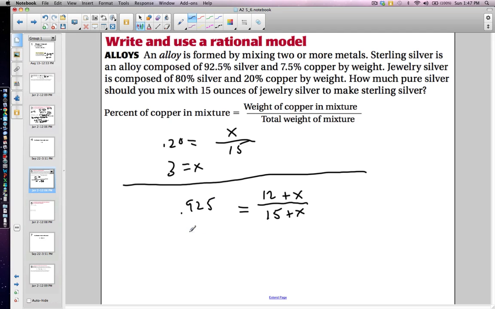I multiply both sides by the denominator and get 0.925 times 15 plus x equals 12 plus x.